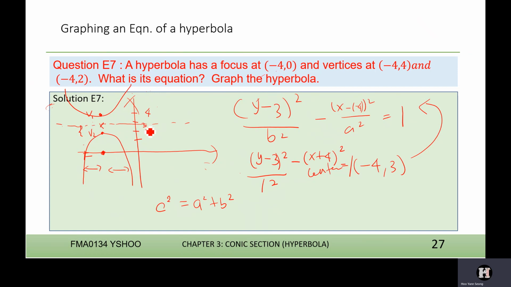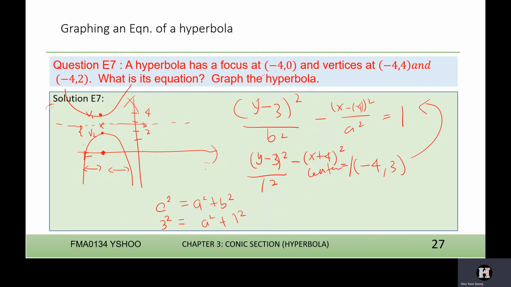The center is 3, and this one is 0, so c is 3. So 3 square equals a square plus, my b is the one with 1.